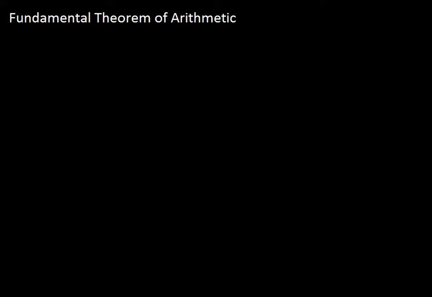So what we're going to do in this video is define and explain the fundamental theorem of arithmetic. And we're going to write it out just like we did the last theorem.